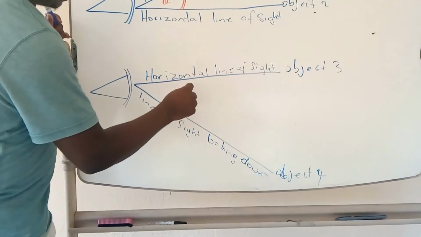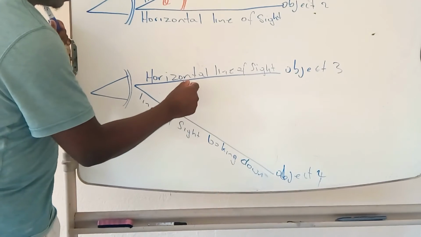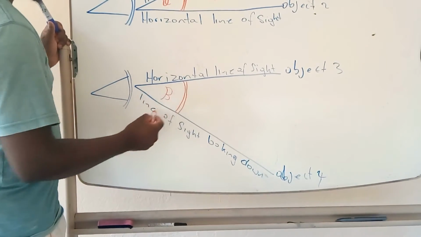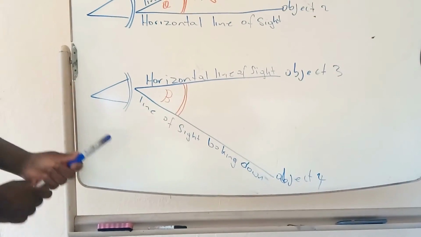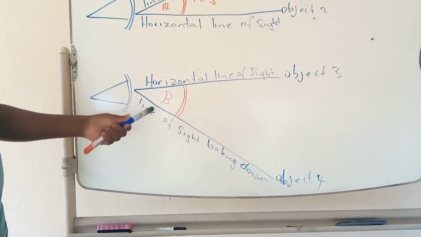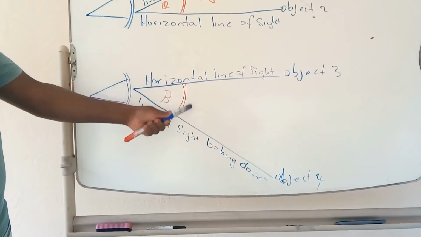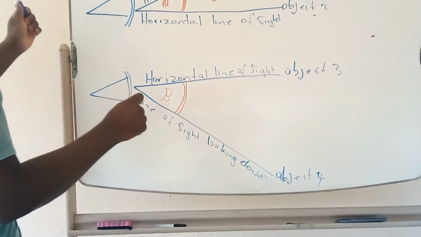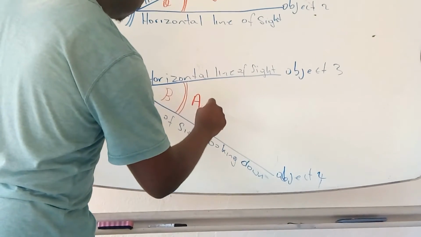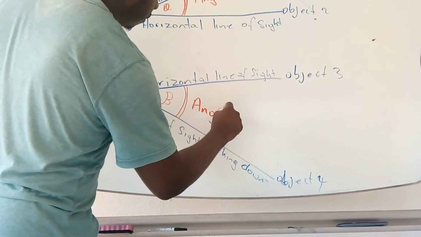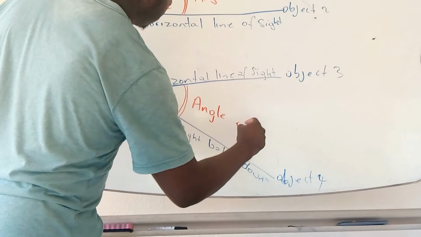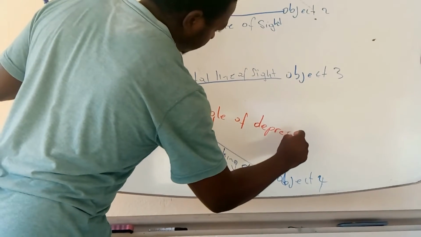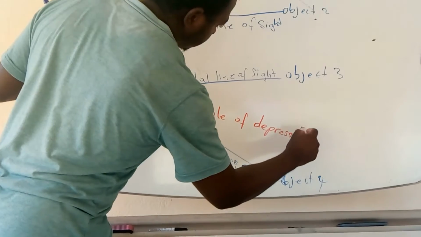Note that there's an angle that is formed here. Let's call this angle beta. So there's an angle that is formed here. But what do you think is the name of this angle here? There's a special name. It is the angle of depression. Right?